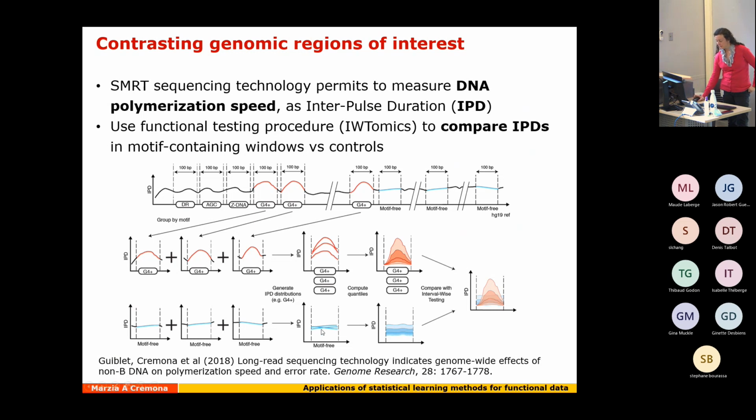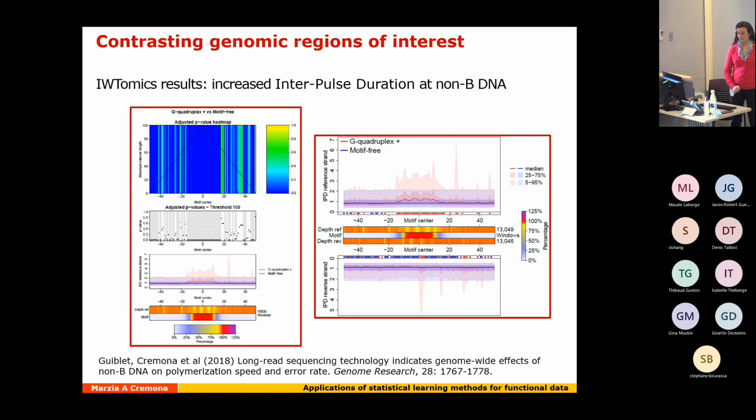We put them all together, and basically we looked at the curve of this interpulse duration in the two groups. At this point, we have two groups of curves, and we can test for differences using the testing methodology that I was showing you before. So the objective is to try to understand if there is a slowdown of the polymerase or not. The answer is yes, there is a slowdown.